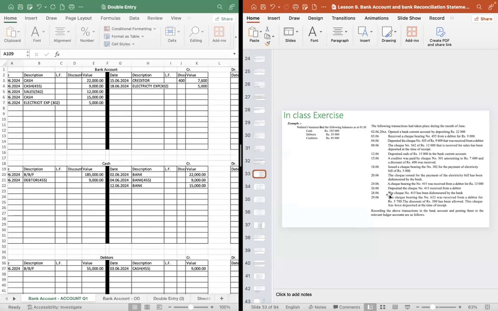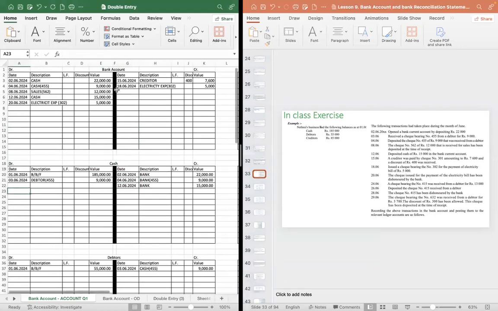Okay, then we'll do this question. What is the date that we are looking at? 24th, right? The check bearing number 415 received from debtor. 24th June 2024.